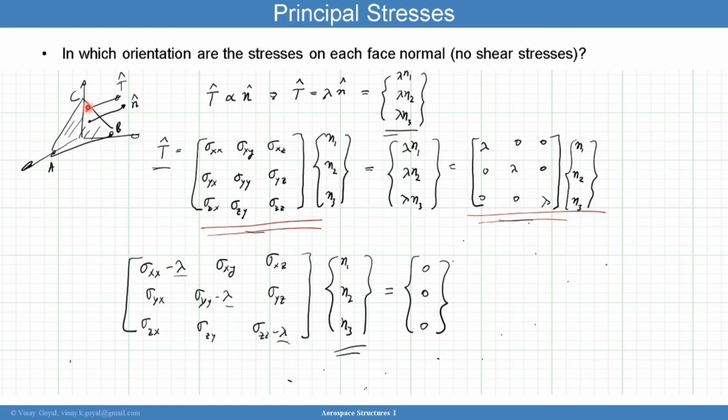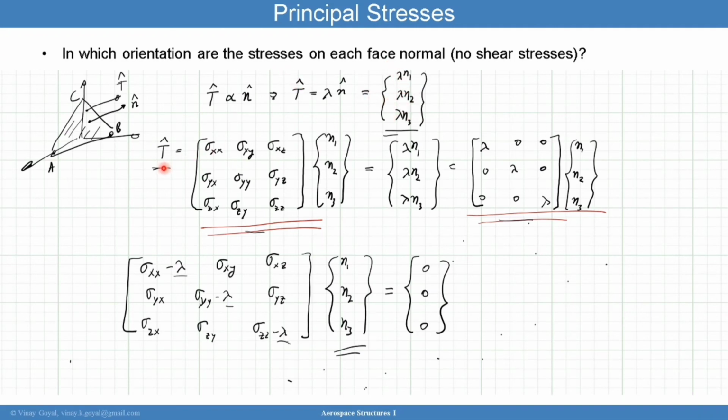So if that's the case, traction t has to be proportional to n via this relationship. And so therefore t hat must be equal to some value lambda, which is a number, times n hat. And t hat is aligned that way with n hat, has to be. It's only scaled by lambda because n is a unit vector. And so if I expand this, I get lambda times n1, lambda times n2, and lambda times n3. That's the vector that t hat is.